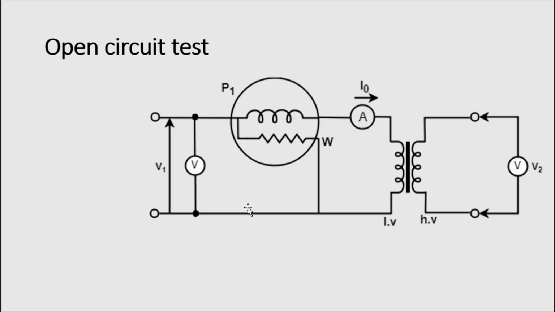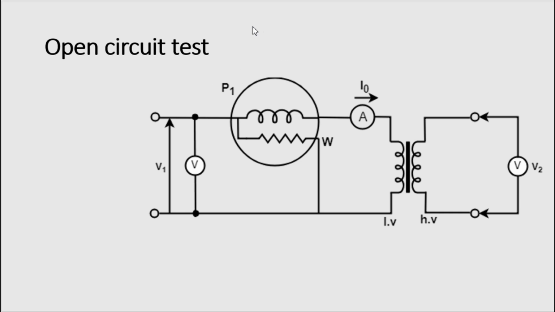In the open circuit test, something to remember is that we'll always connect the low voltage side to the supply and keep the high voltage side open. The logic behind this is that low voltage supplies are generally economical.